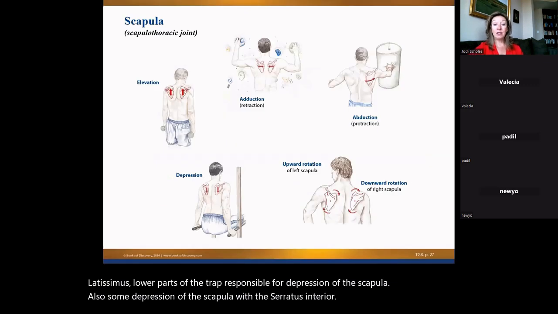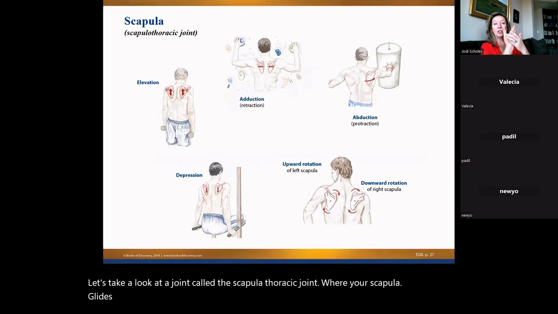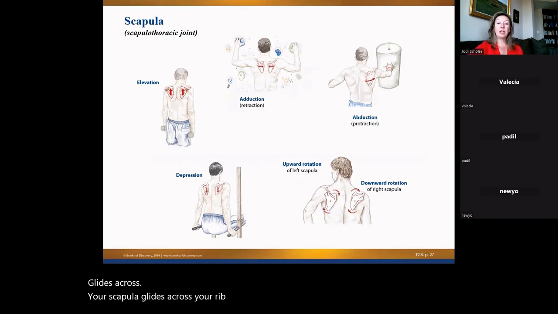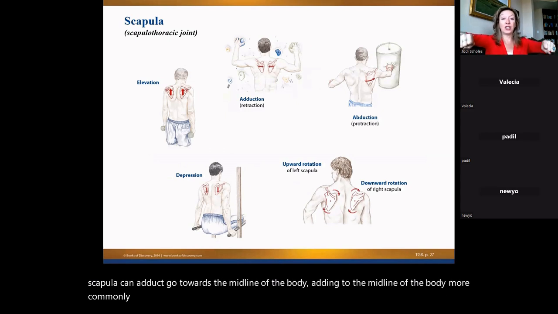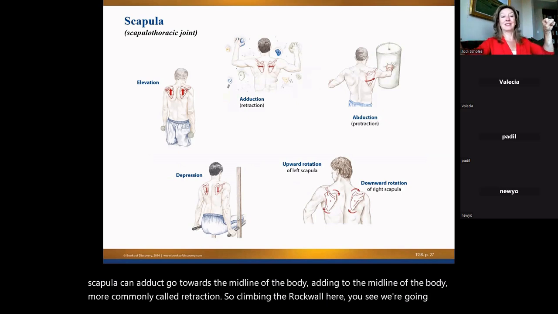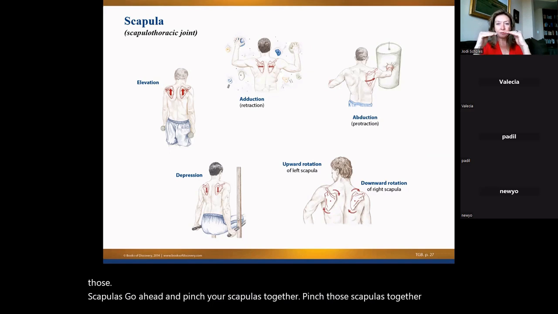Let's take a look at a joint called the scapulothoracic joint, where your scapula glides across your rib cage. The scapula can elevate, it can depress. It can also adduct, go towards the midline of the body, more commonly called retraction. So climbing the rock wall here, you see, we're going to bring those scapulas, go ahead and pinch your scapulas together. That's retraction.